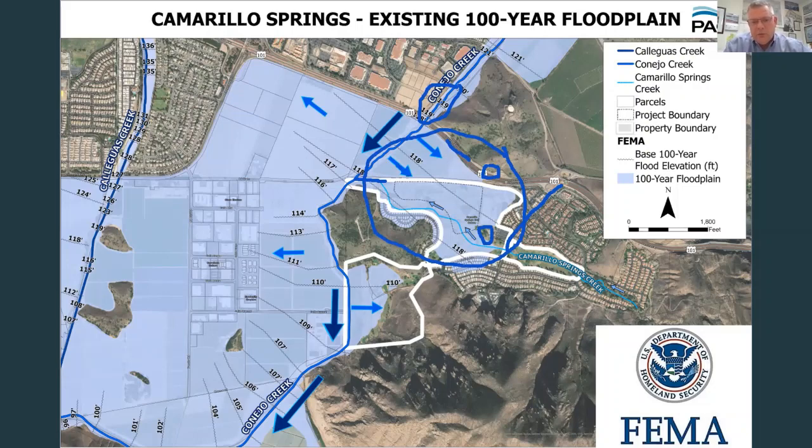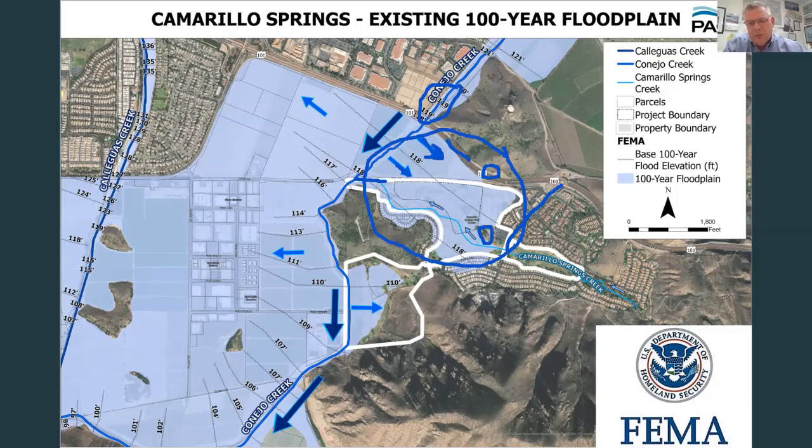And as we've shown with these flow arrows, flow expands out and inundates this entire area. The Conejo Creek watershed is just under 50,000 acres of land that all the rain that falls on there passes under the 101, and it passes by the project site.